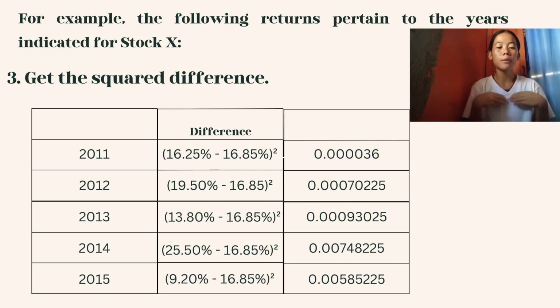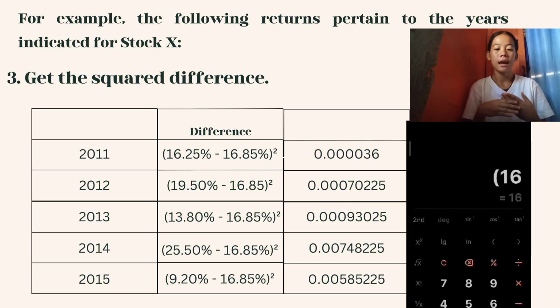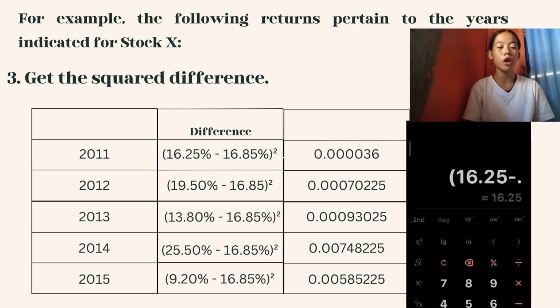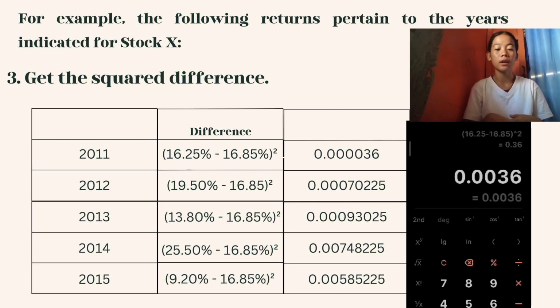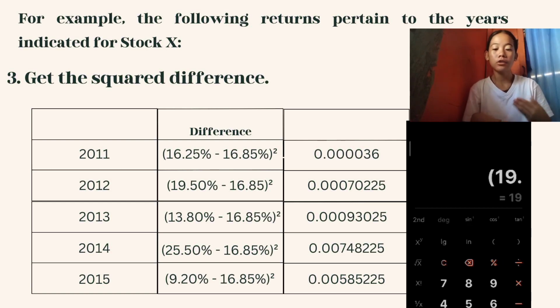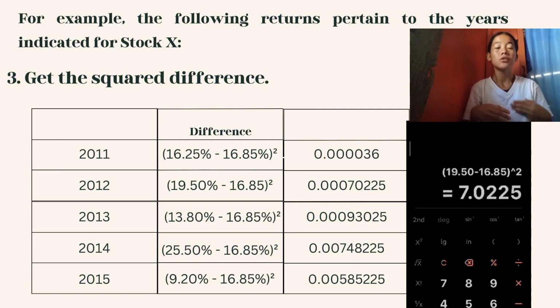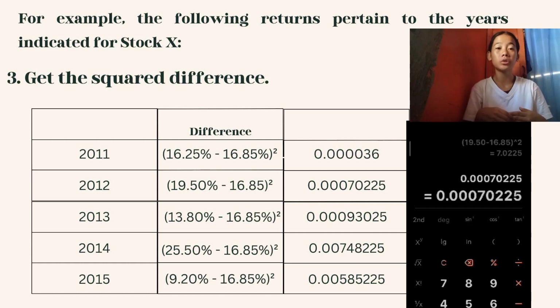So the next step is to get the squared difference. From the previous slide, in the last column, for example 2011, negative 0.006 squared is 0.000036. The next step is to add the squared differences and divide by the number of periods, which finally gives 0.00306.